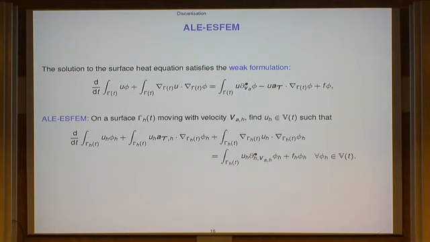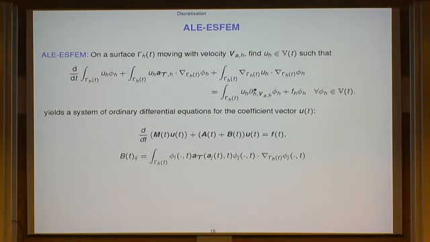And then noting this transport property of the basis functions, we see that the first term on the right-hand side of that finite element formulation is 0 if I put the basis functions into it. So the finite element scheme is equivalent to a system of ordinary differential equations for a coefficient vector u. And all I've picked up that's different from the Lagrangian case is this extra matrix B. And B is a non-symmetric matrix with coefficients given by the last line there.